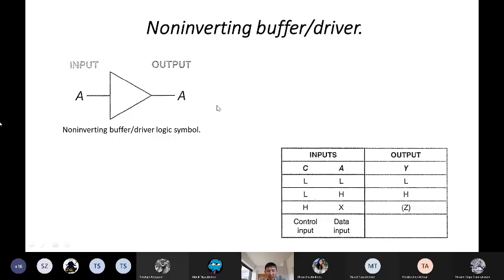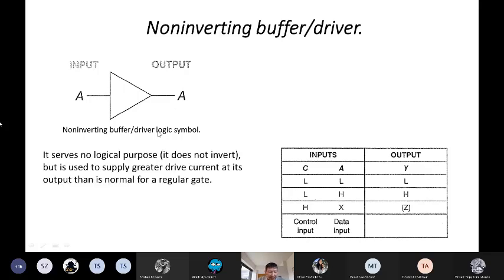Sometimes we need to wire our digital system to, for example, a motor or an LED that needs more current. In this case, we use this driver. This driver just takes the signal and increases the current of the signal, just power. It's just a device that gives us power. That's it.